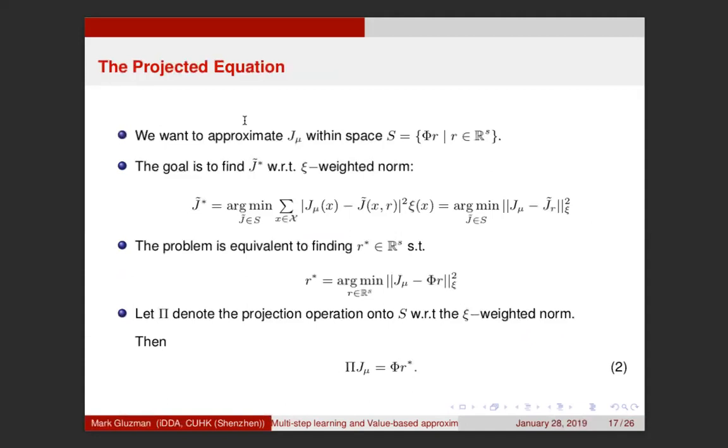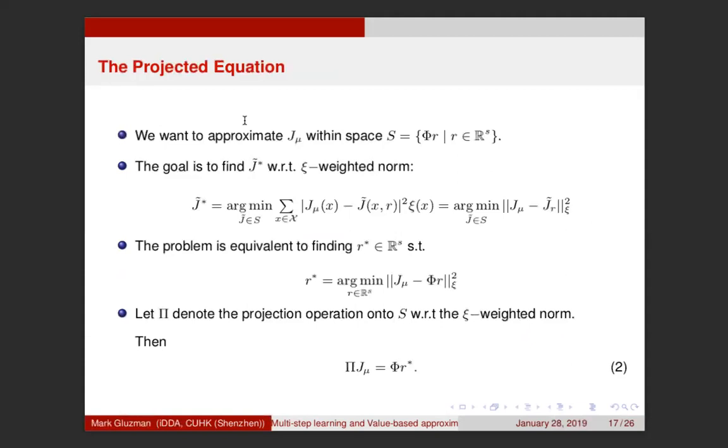So this is just a subspace. S can be considered as a subspace of the space of the state space, the space X. So our goal is basically to find the best approximation tilde G star with respect to some weighted norm.